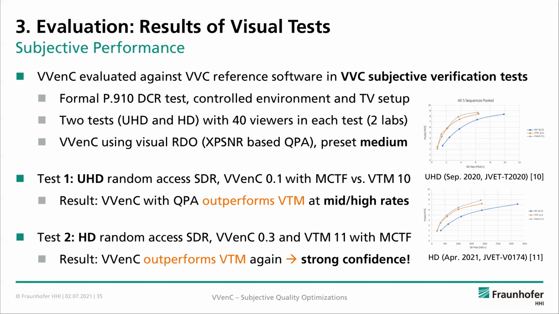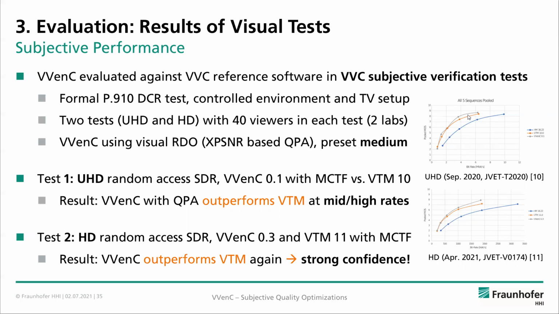And the results, as Adam already showed, and shown again here in the upper figure, indicate that VTM is outperformed by VVenC with the perceptual optimizations at mid and high bit rates.